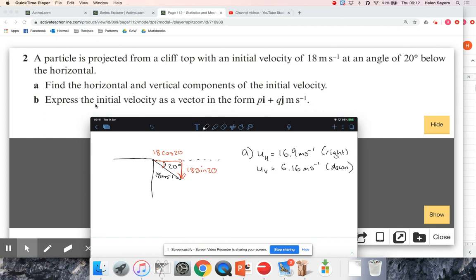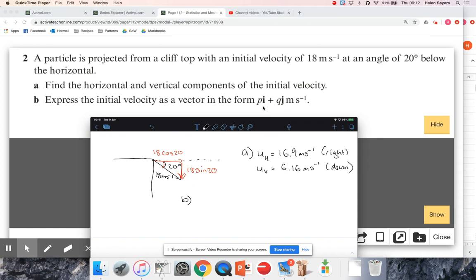But if I now do part B, that's where I can clearly show that the J component is down, because if the vertical velocity is down, that's going to come as a negative.